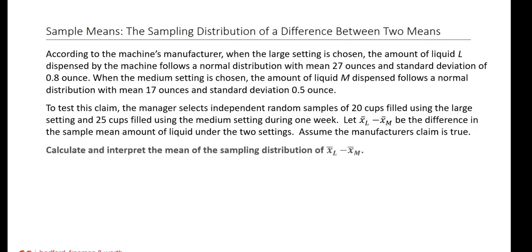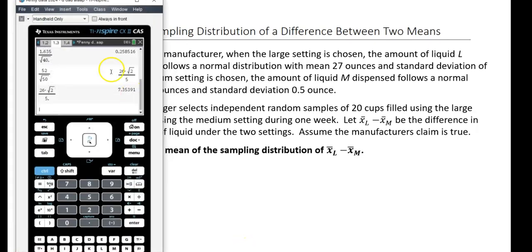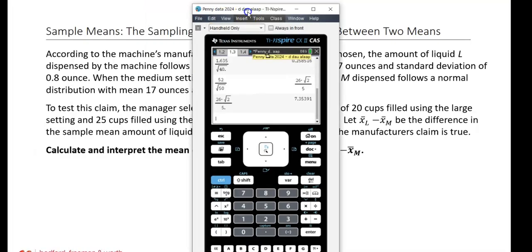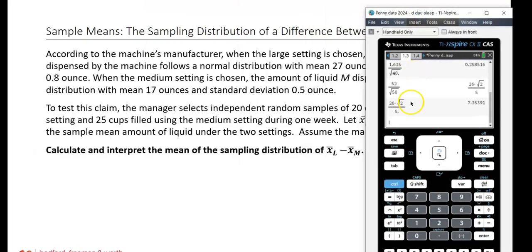When the large setting is chosen, the amount, okay, and so forth. To test this claim, calculate and interpret the mean of the sampling distribution. So for the mean, you get your calculator out. The mean was x, the large one minus the medium one. The large was 27, so 27 minus 17, I believe.